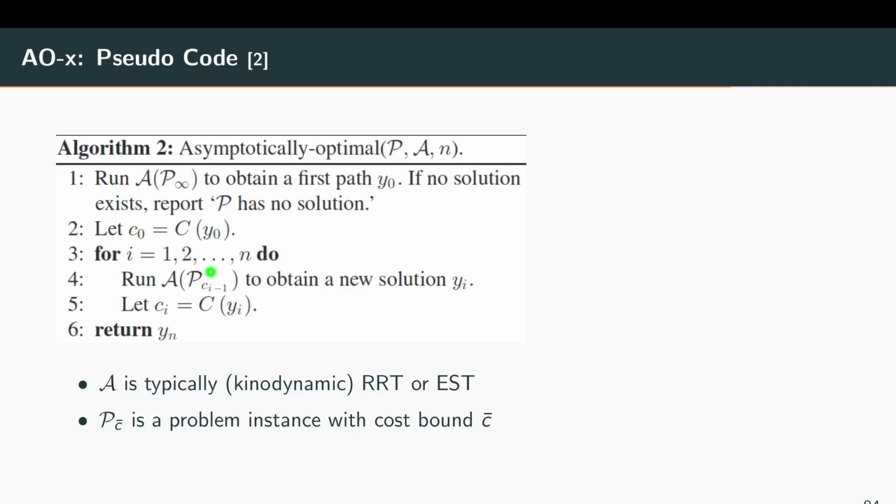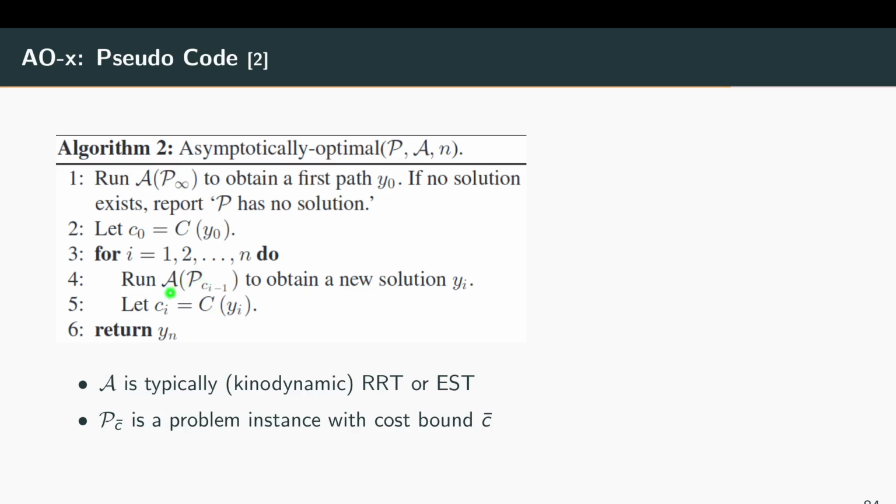And then we just repeat. We run our algorithm, but we change it and we say our cost bound now is the cost bound that we have found. And we will never expand any nodes that have a higher cost than that.